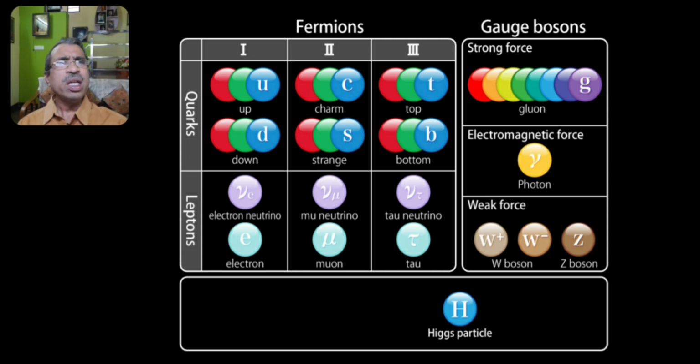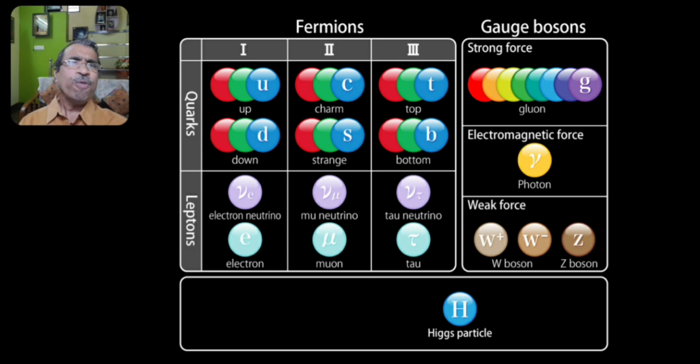Surrounding the nucleus, we have a space, and the forces that bind the particles in the nucleus are of 3 types. One is the weak force, another is the electromagnetic force, and the third one is the strong force, which binds the nucleons together.